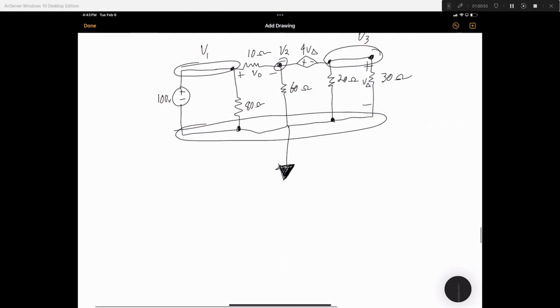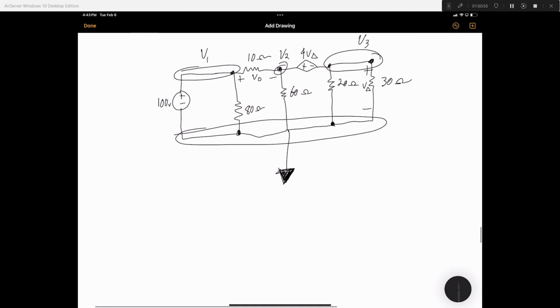So let's do a KCL at V2. So we have V2 minus 100, which is V1, divided by 10 ohms, plus, what would we call this? Oh, it's a voltage controlled source.